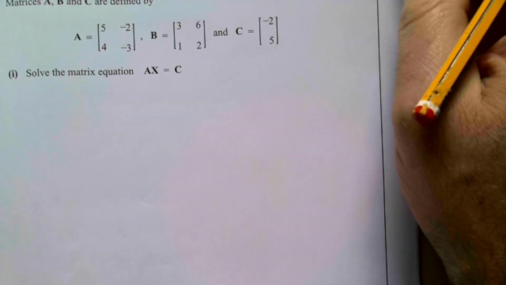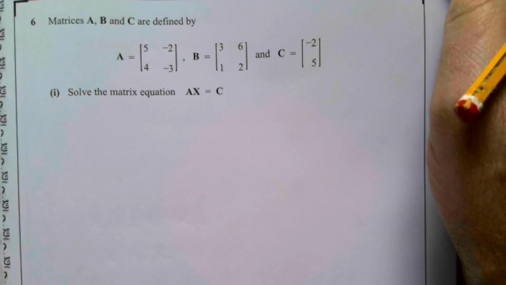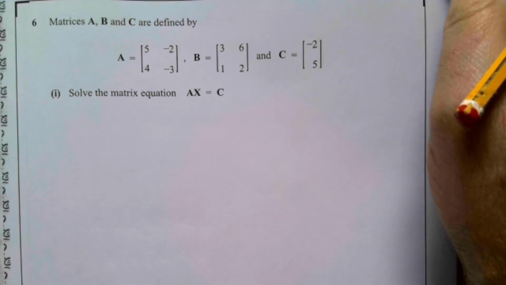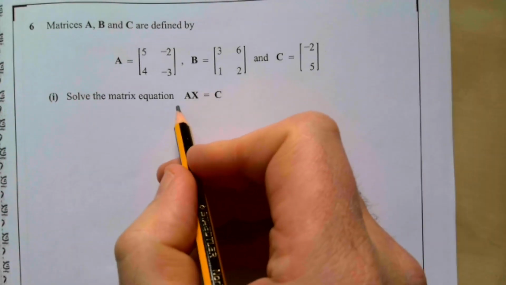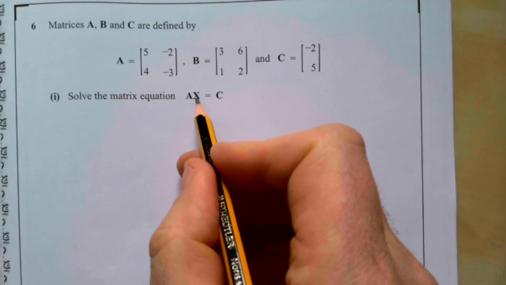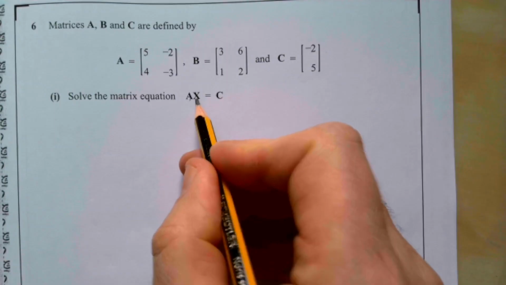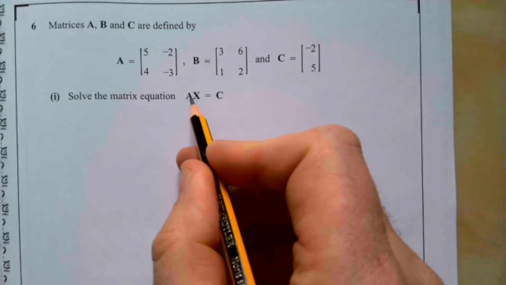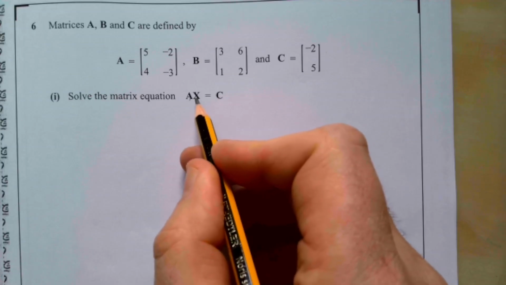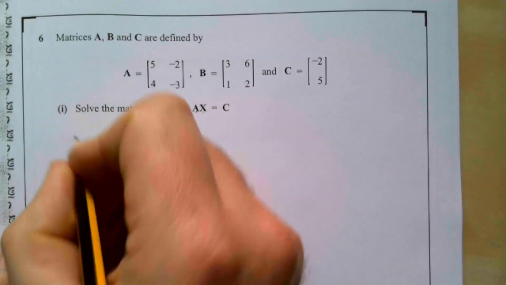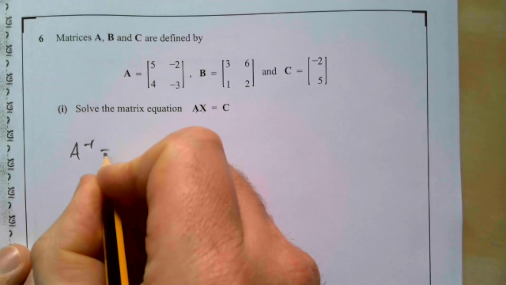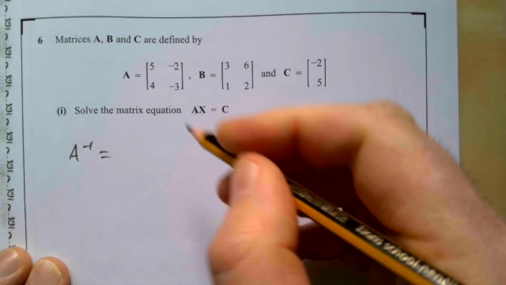Matrices A, B and C are defined by those. Solve the matrix equation AX equals C. So we are going to have to find the inverse of A. We have some matrix X and it's going to equal that. So A to the minus 1, first of all, I have to find the determinant.